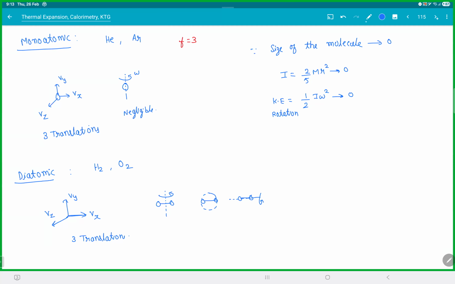But again, same story for this: it is negligible because the axis is passing through the molecule, so I will be 0. So basically you have 3 translations and 2 rotations. So here f will be 5 at low temperatures.